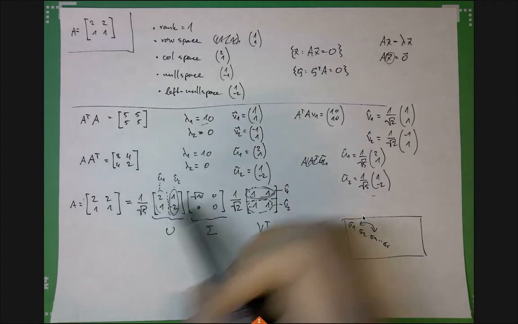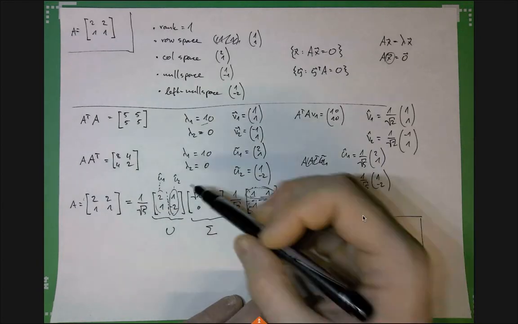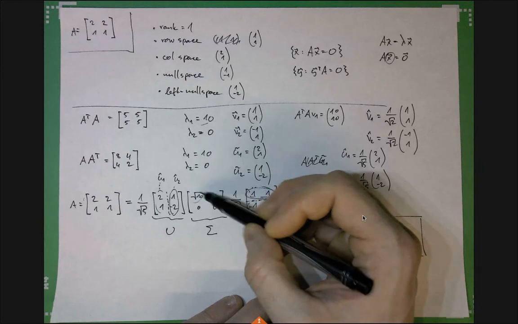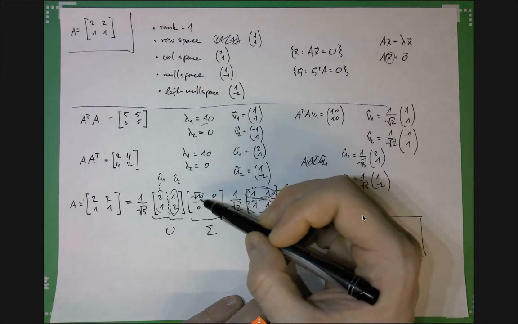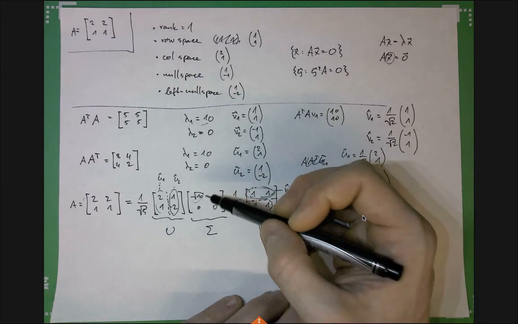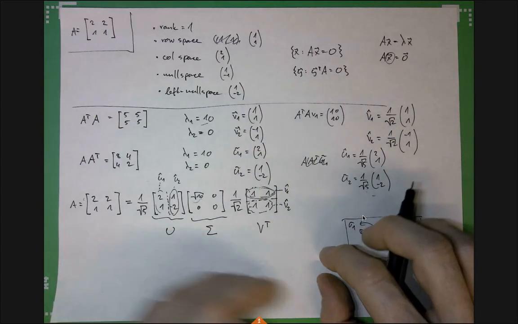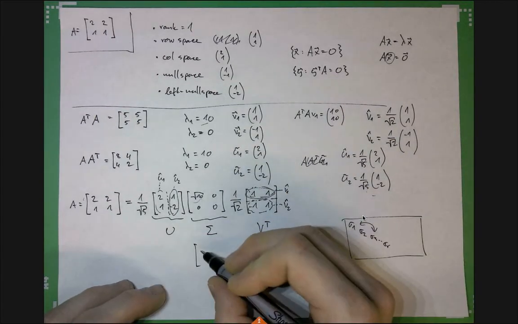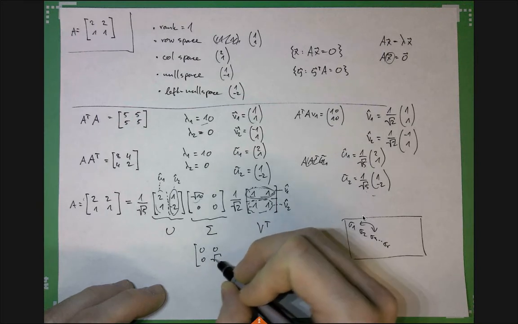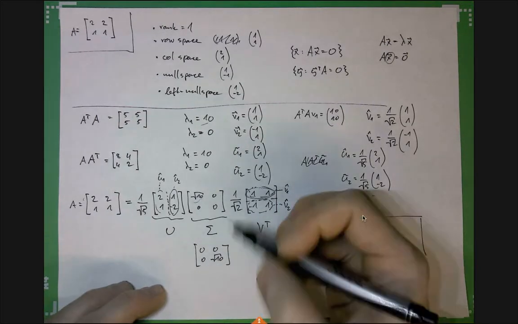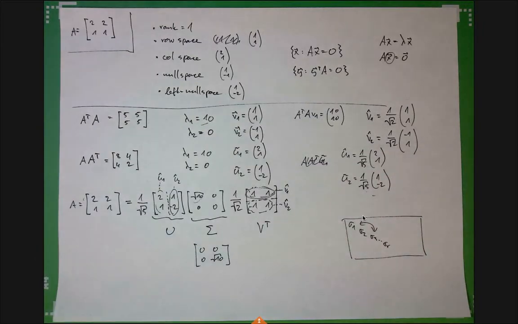In theory, if I did not require a specific ordering convention for the singular values, then I could produce lots of singular value decompositions. I could just permute these things. Even here, I could say that sigma is this, then flip the columns and flip the rows, and I would have another singular value decomposition.